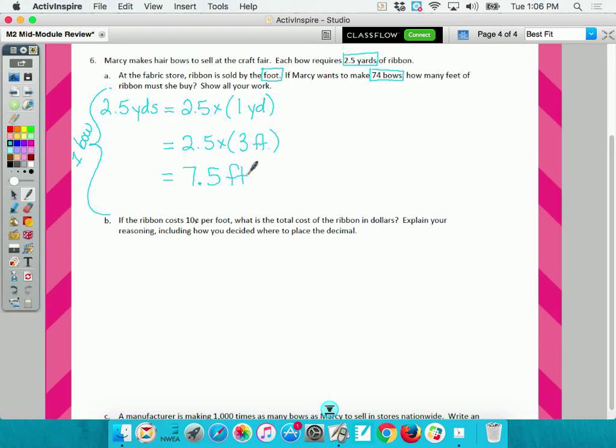That's a lot. Now on your test, it's less than that, but in order to give you a chance to practice, that's 1 bow. Now, how am I going to figure out 74 bows? I'm going to take my total feet, which is what? 7.5 times what number to figure out 74 bows?